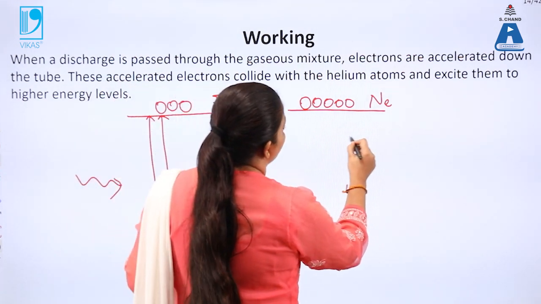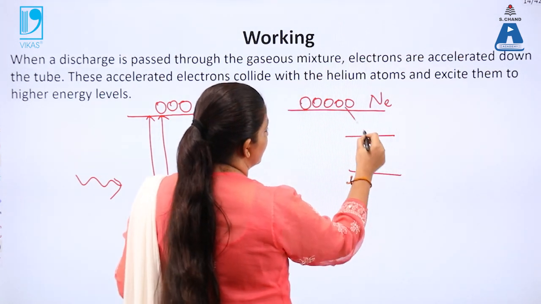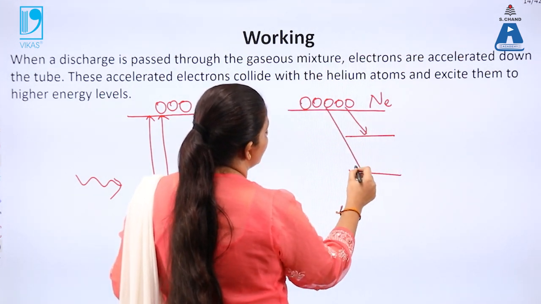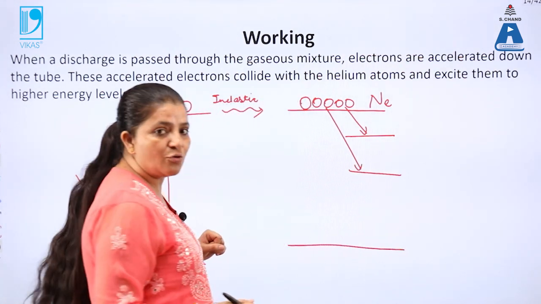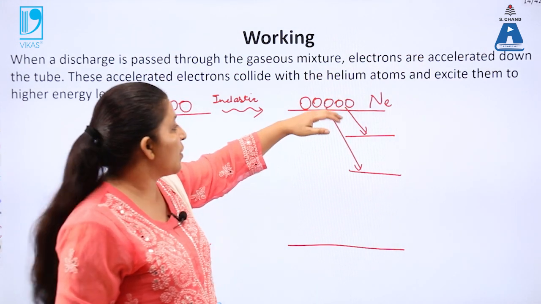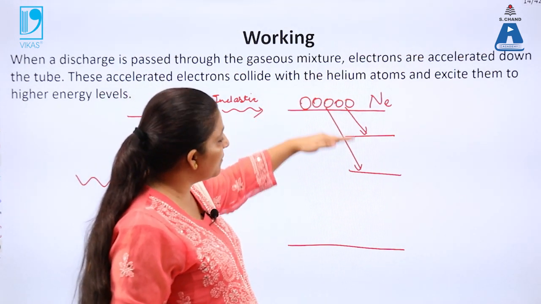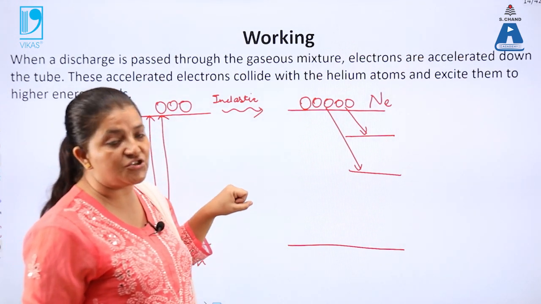Again, there is a presence of two types of states. These neon atoms will jump to these two states by a non-radiative process. We know that the difference between these energies is not too large. So the neon atoms will jump to the metastable state by non-radiative transitions.